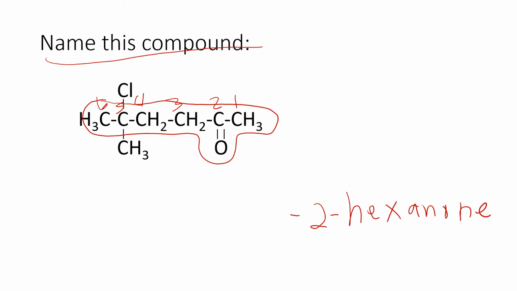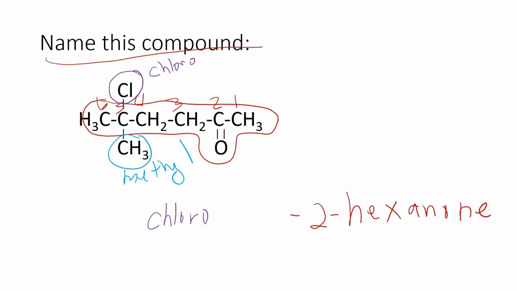Now in this example, we have some groups attached. The first one we have is Cl, which is called chloro. The second group we have, CH3, is methyl. Now, if we have 2 groups attached or 2 children, we put them in alphabetical order. So chloro will come first, and then methyl.